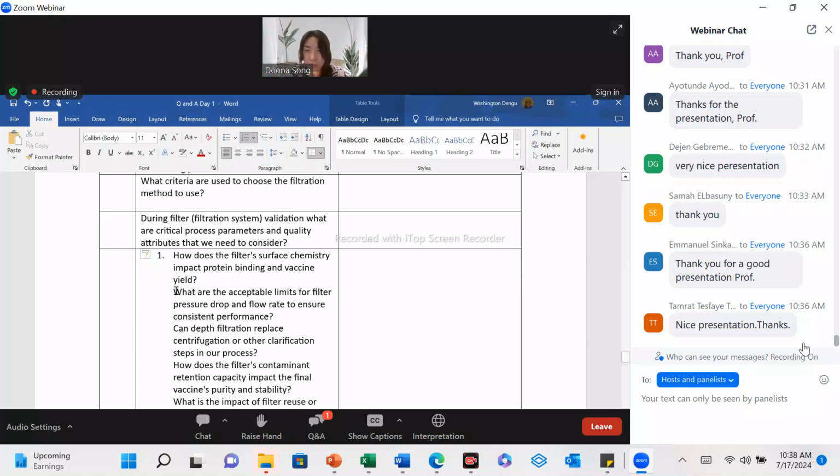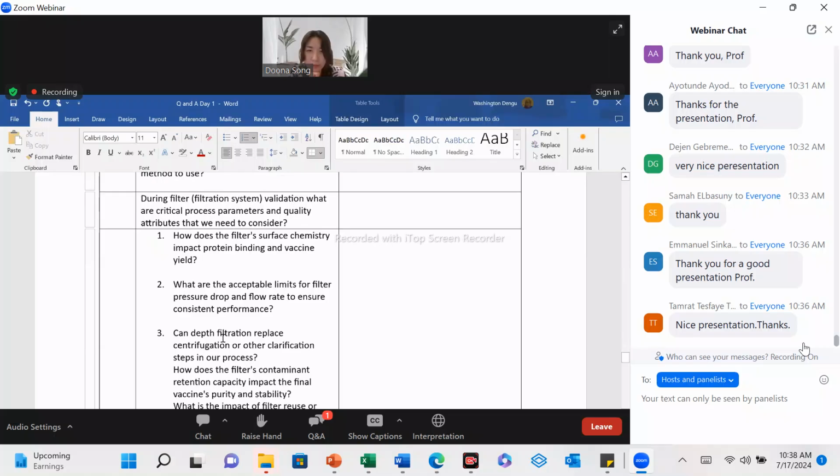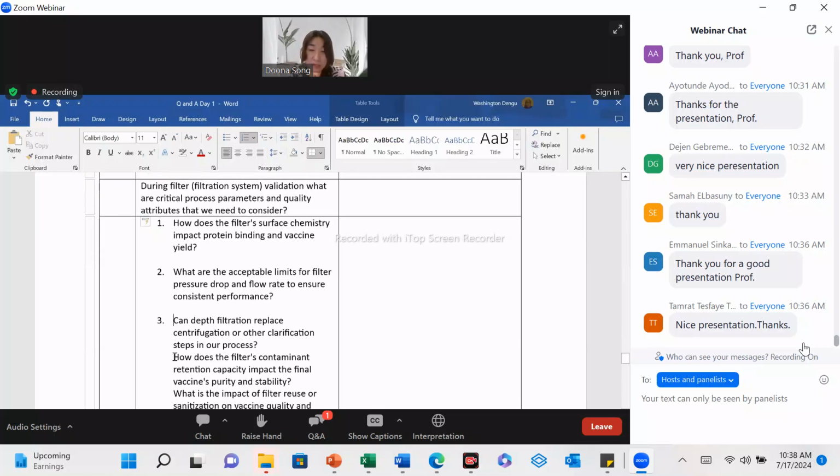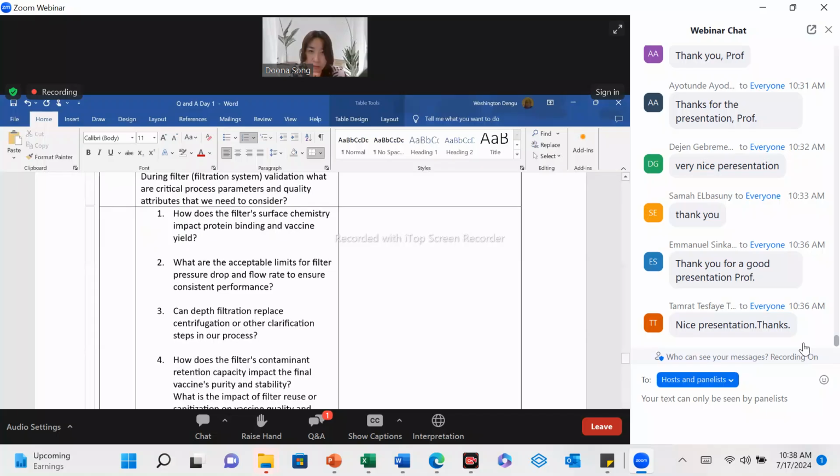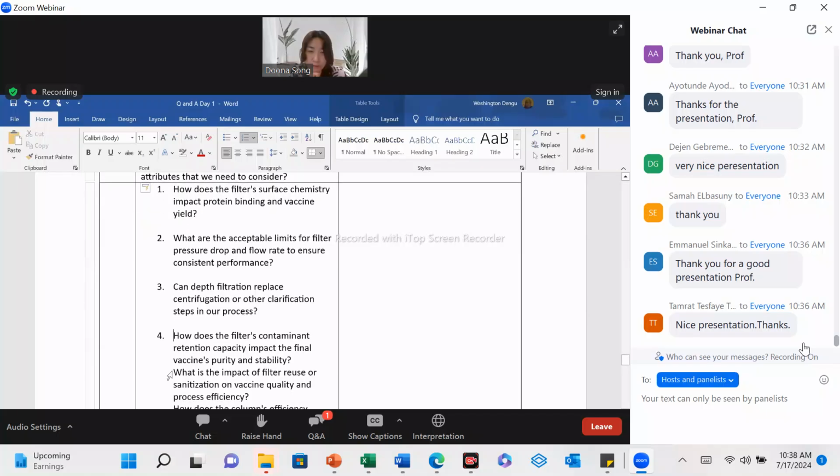It depends on the type of the column, the filter type. So what to validate for that?